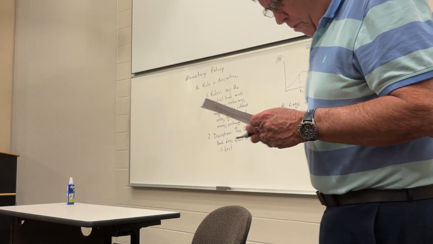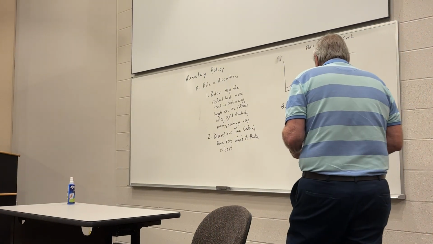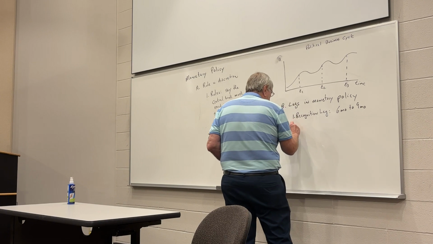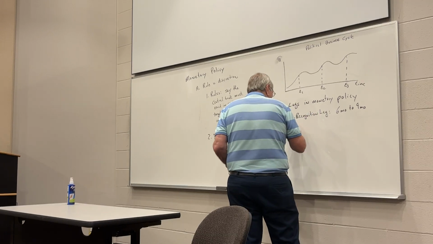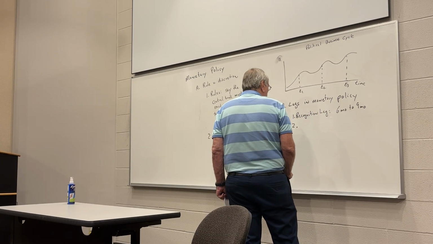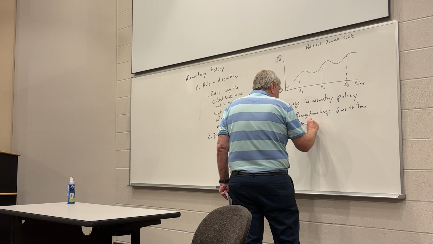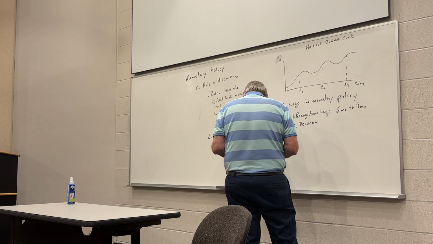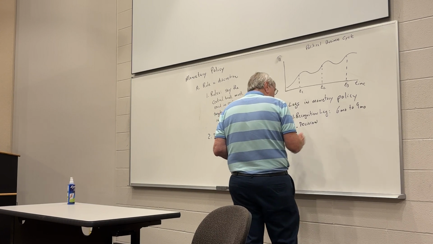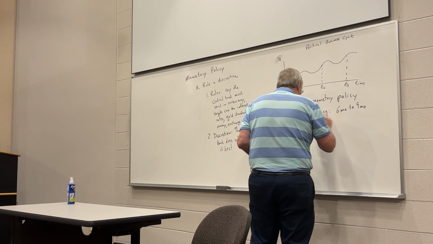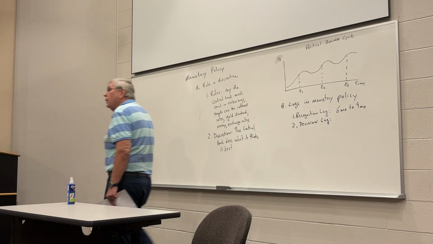Okay, once you recognize what's happening in the economy, what do you gotta do? You got to decide. So there's a decision lag. Now the news is pretty good here.